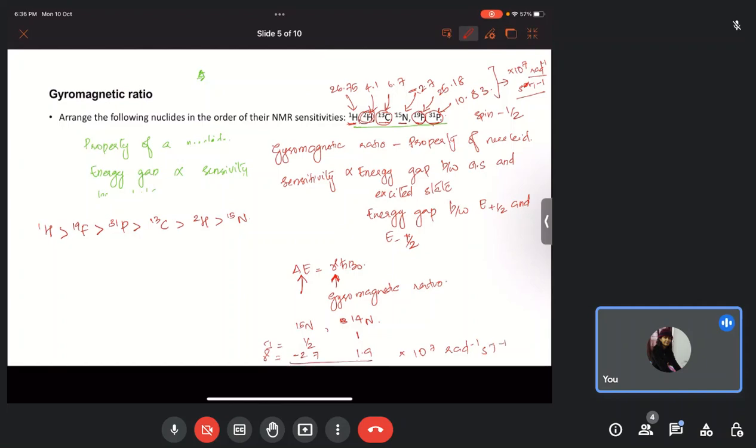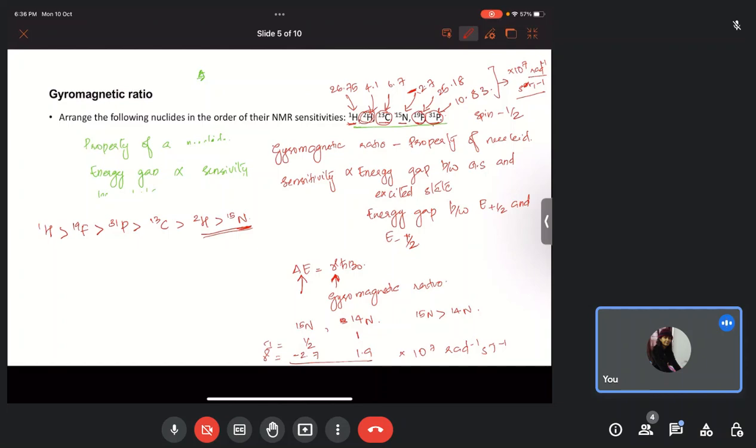Between these two, 15N would have higher sensitivity than 14N. So we are not actually considering the sign. It is the magnitude of the energy gap that matters. That is why 15N is at the end in this order, not because it has a negative sign in the gyromagnetic ratio, but because of the lowest magnitude of the gyromagnetic ratio.